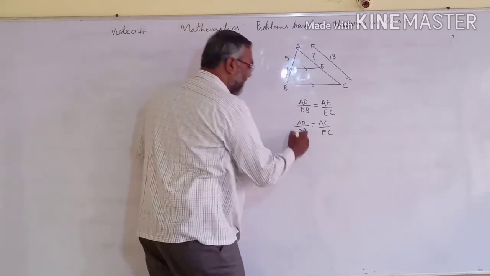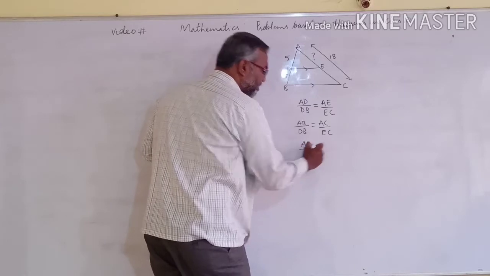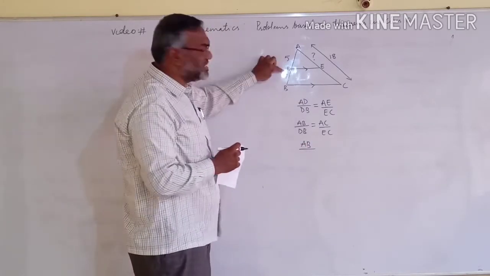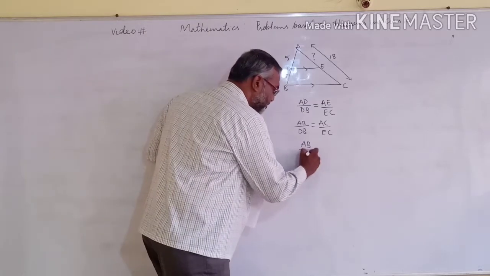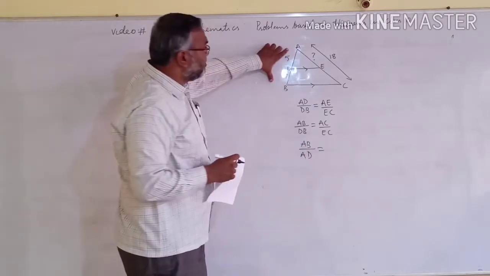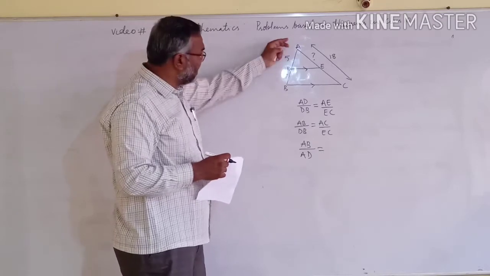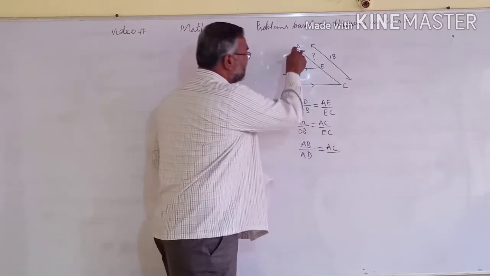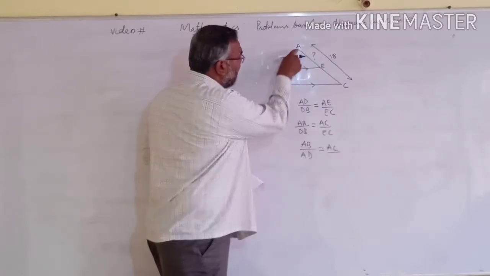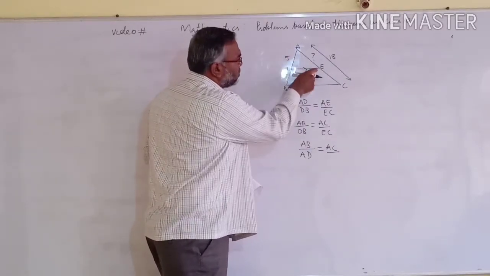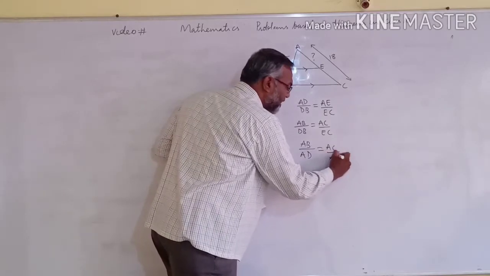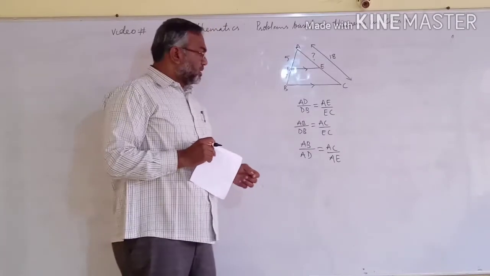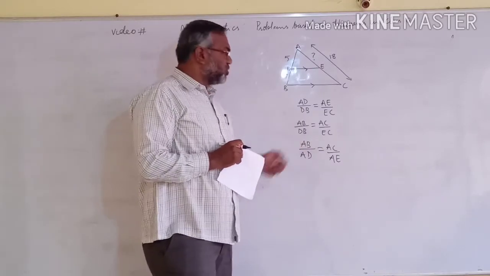Or you can take the full length AB with the upper part AD, and on this side take the full length AC with the upper part AE. We have done these results, I have shown you, right?